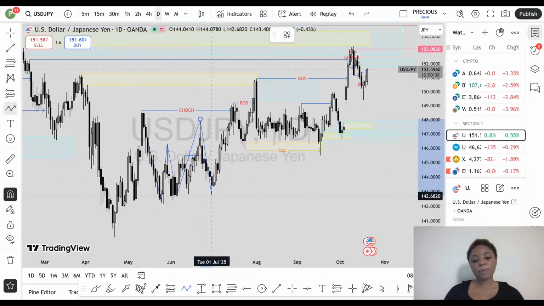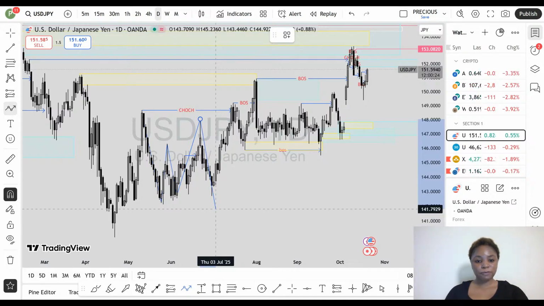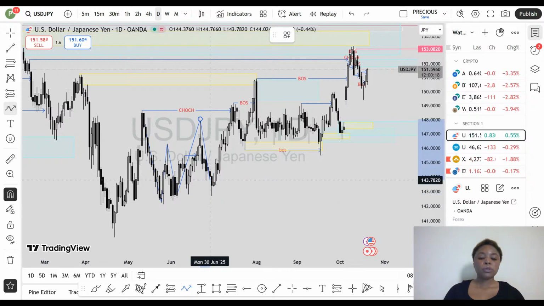But instead of the market closing below this low, giving us maybe a change of character to the downside or a break of structure as a continuation, because we're bearish from here, the market didn't close below this low, because now we have more buyers in the market pushing price to the upside, creating higher highs and higher lows.